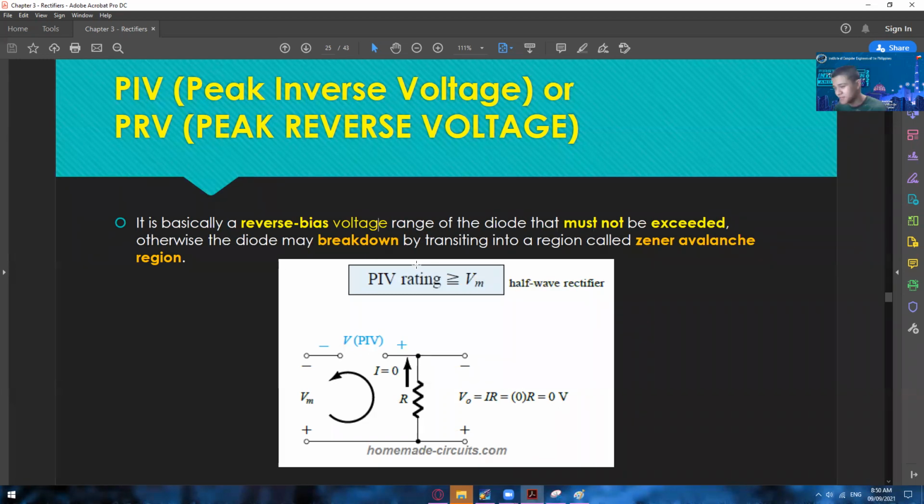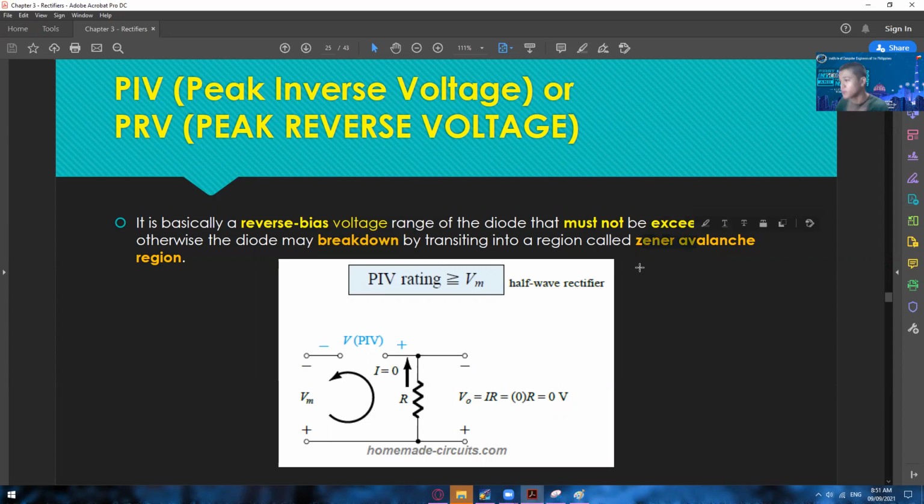A Zener diode allows a breakdown voltage. What is that breakdown voltage? Once it exceeds a certain amount of voltage, that threshold, it goes into breakdown, which we call the Zener avalanche region.